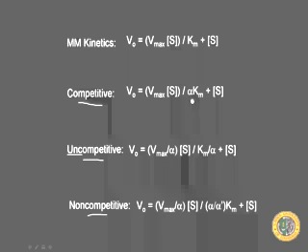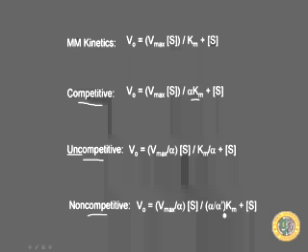In the case of competitive inhibition, the Km, or substrate concentration to give you half the maximum, is affected by the inhibitor. Uncompetitive inhibition affects Vmax as well as Km, and non-competitive inhibition affects Vmax and Km.